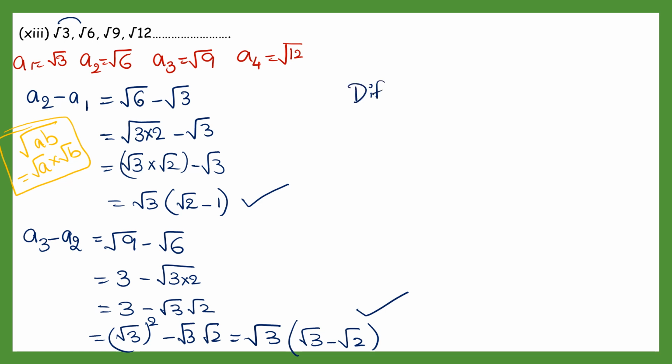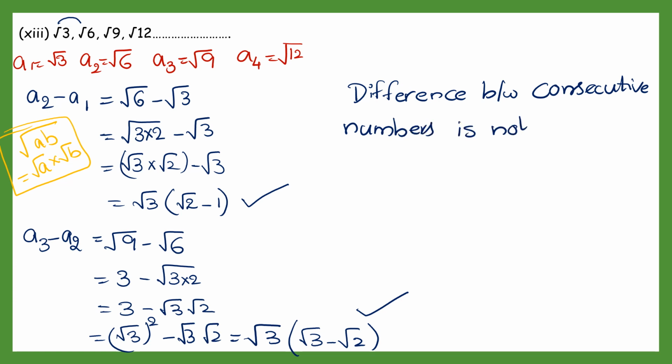Difference between consecutive numbers is not the same. Hence, the given list is not in arithmetic progression.